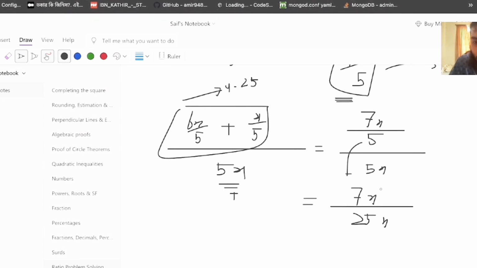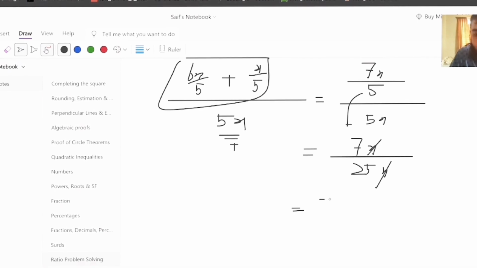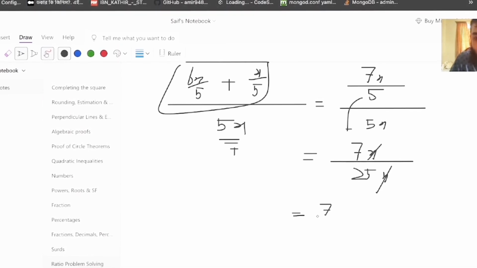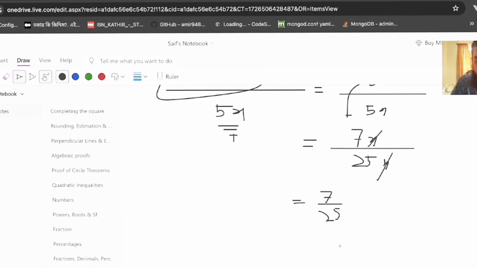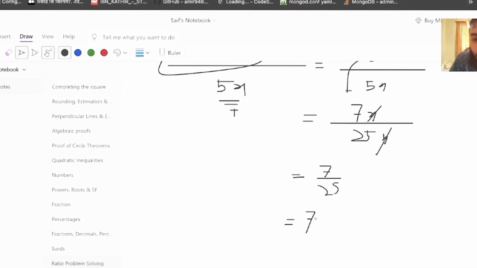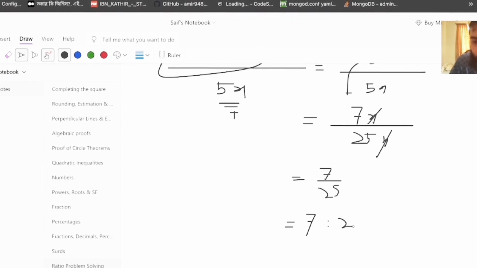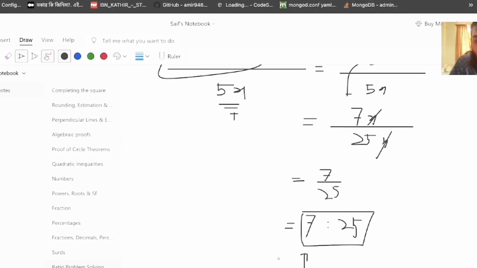So if we cut the x part, we get 7 by 25. We can also write this ratio as 7:25.